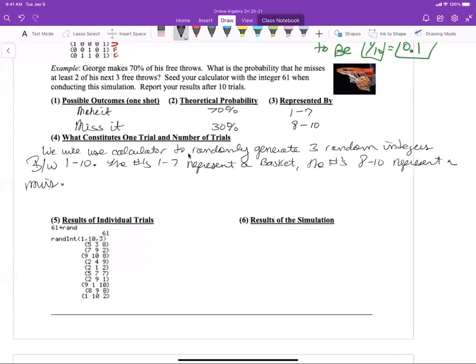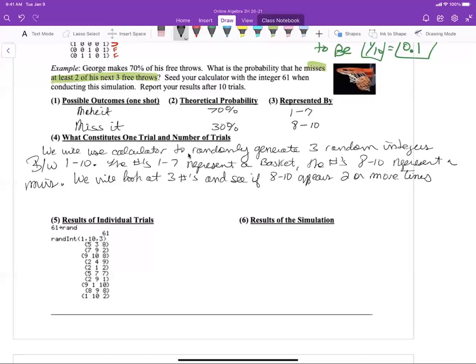We will look at 3 numbers and see if 8 to 10 appears 2 or more times, because that's what they're asking for: at least missing 2 of his next free throws.